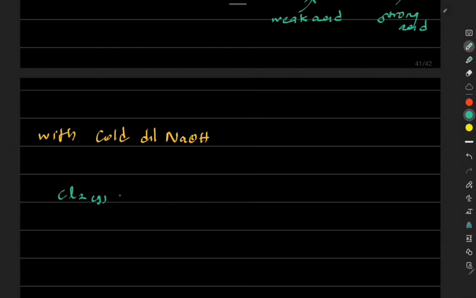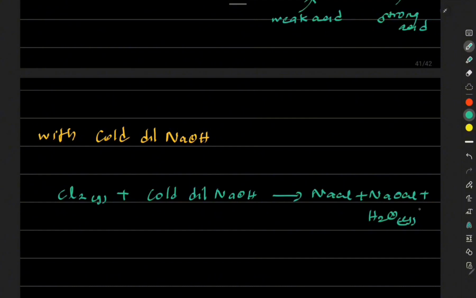Cl2 gas with cold diluted NaOH, they form NaCl plus NaOCl plus H2O liquid, and these are aqueous. Let's balance this with 2.